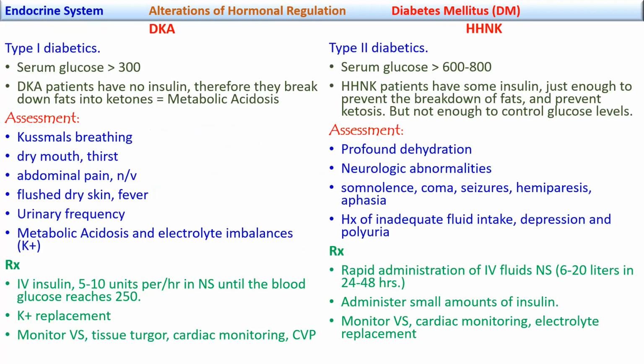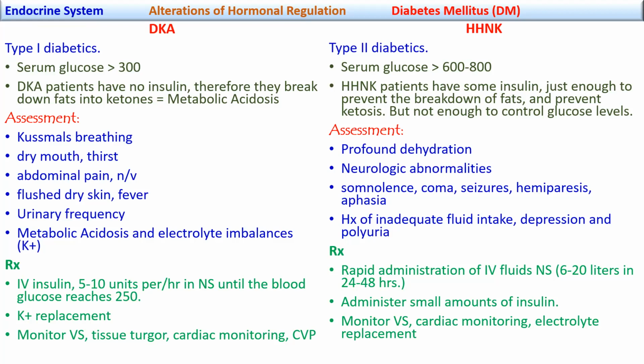The significant difference between DKA and HHNKS is that DKA tends to develop in patients with type 1 diabetes, and HHNKS usually occurs in patients with type 2 diabetes.